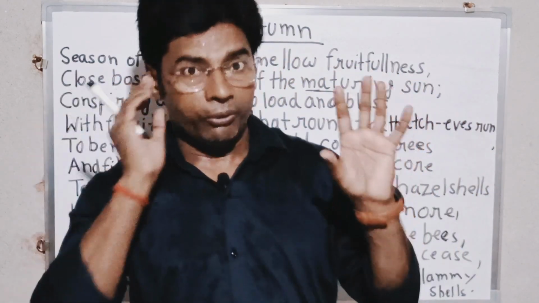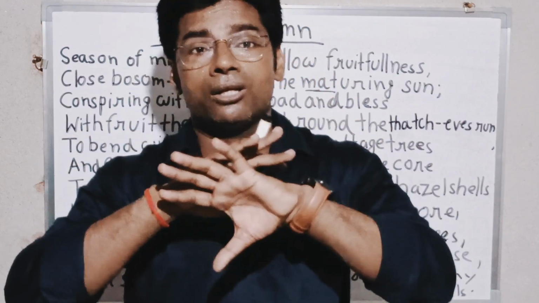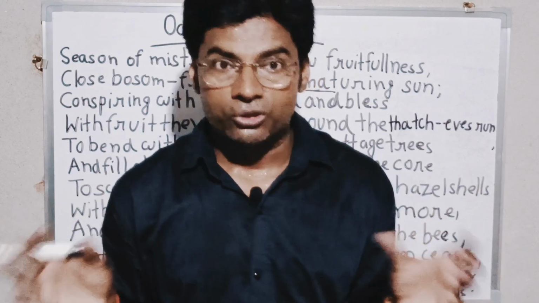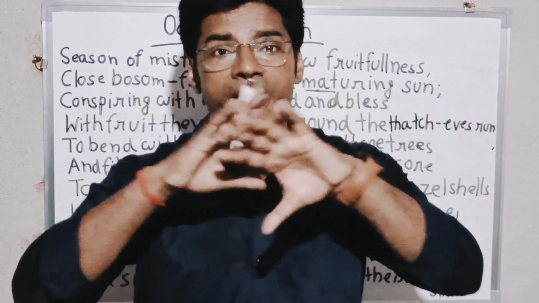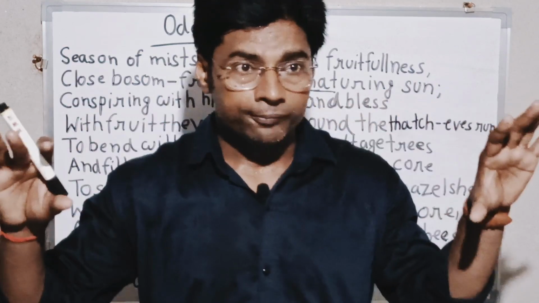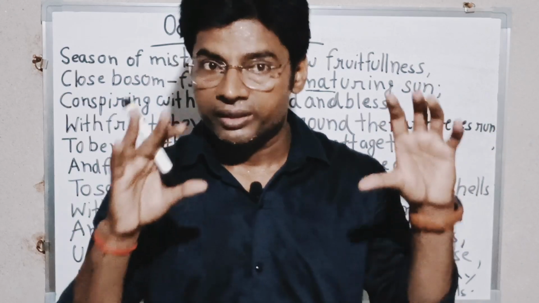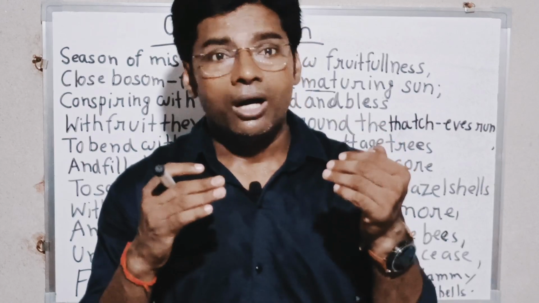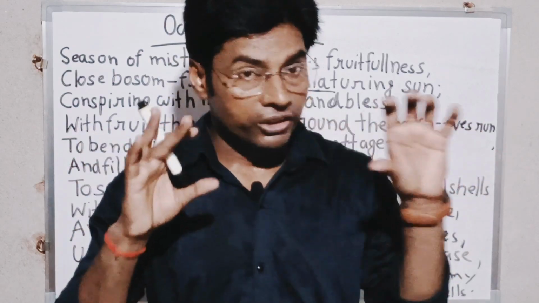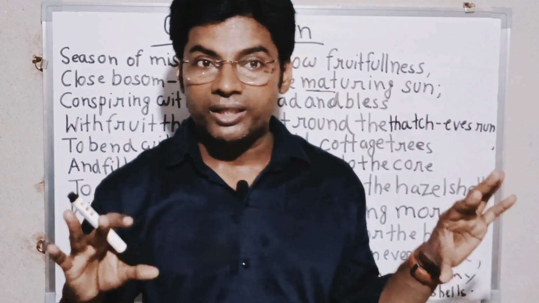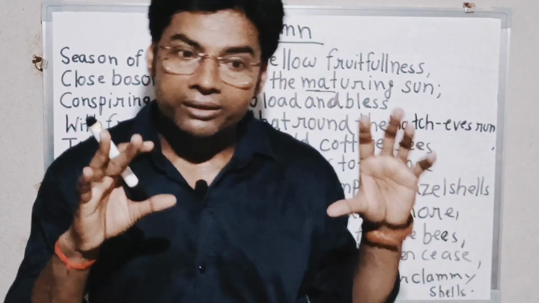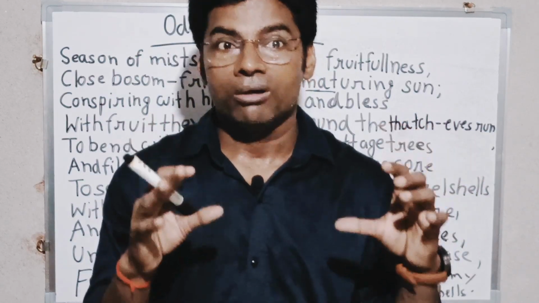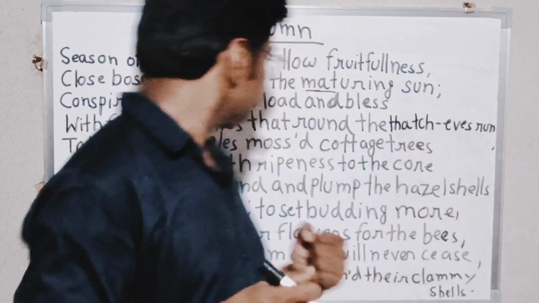So the poet, or the speaker of the poem, says that certain creepers, like the pumpkin creepers or the gourd creepers, have spread themselves everywhere on the thatch of the cottage, and each and every corner of the thatch is absolutely covered with these creepers, and these creepers are full of what? Full of fruits or full of vegetables.